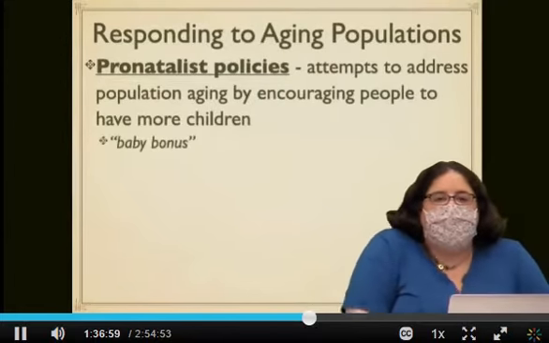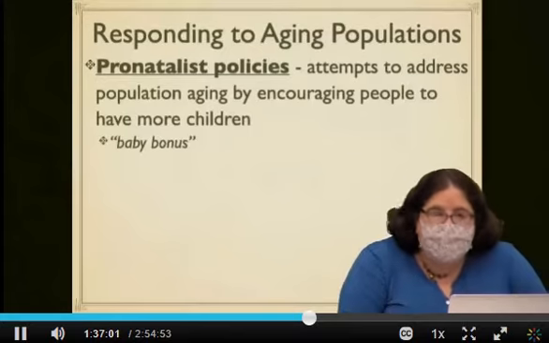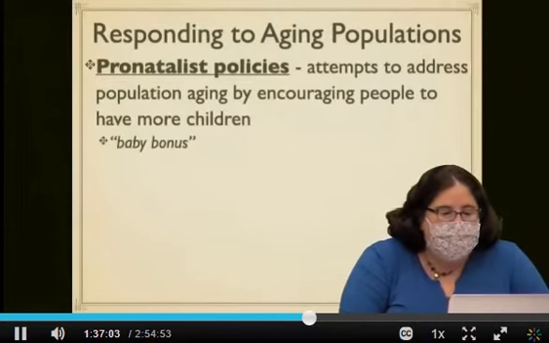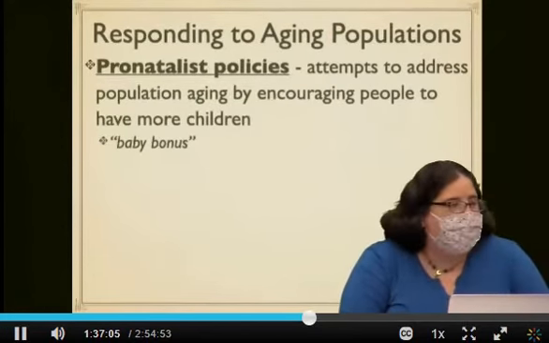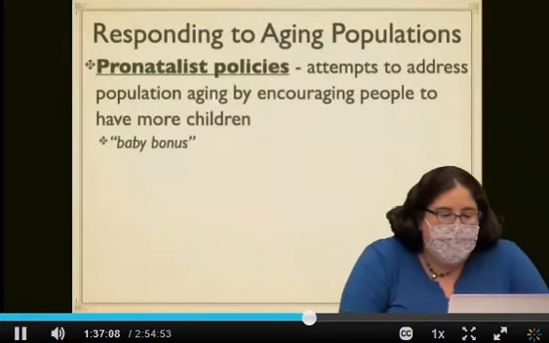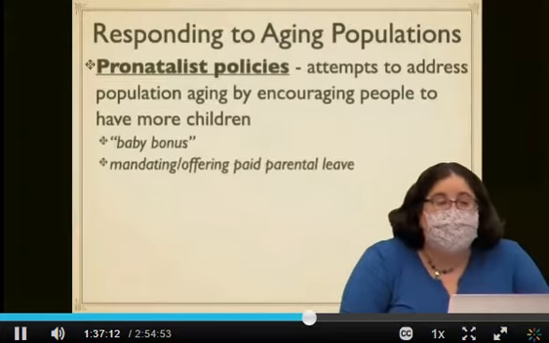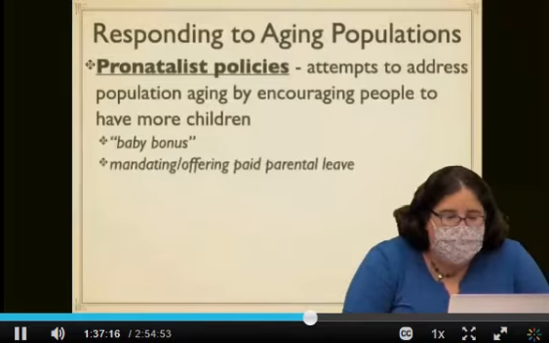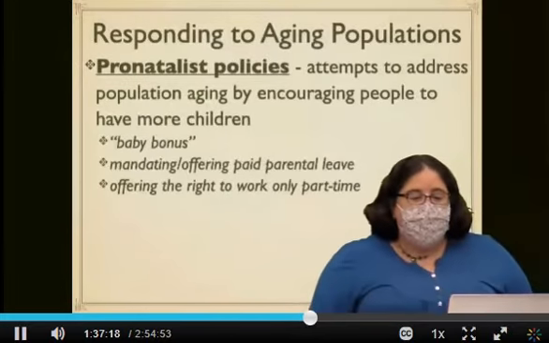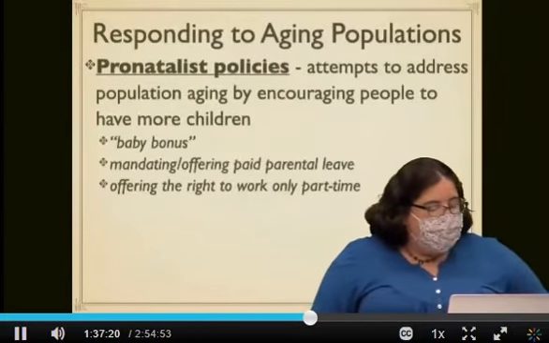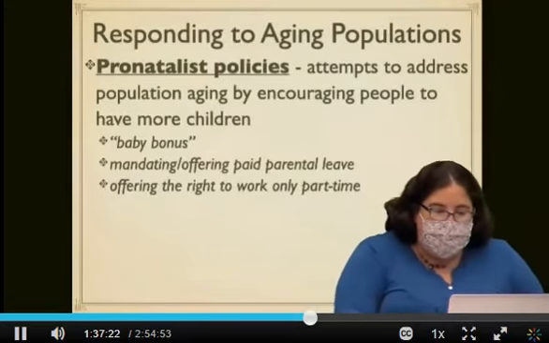There are places that give what are called baby bonuses, where couples are given a bonus from the government for having a child. Places that offer or mandate paid parental leave make having children more attractive and better, right? Offering the right to work part-time improves people's likelihood of having children.